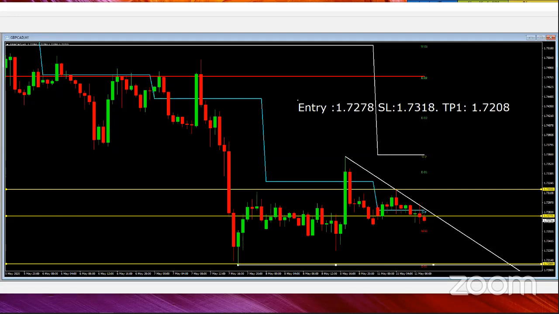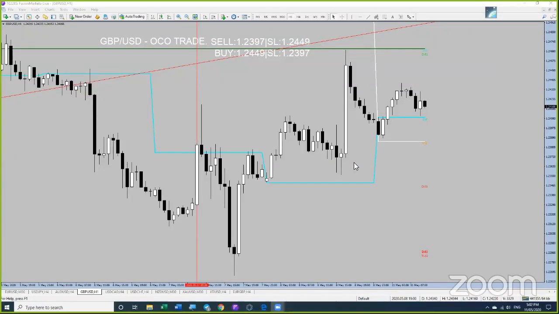Righto, there we go. And the pound trades today, I've already got them on the screen for you guys. It is, of course, the pound US dollar London Open OCO trade. It is a sell at 1.2397, which is 10 pips below this bar here.